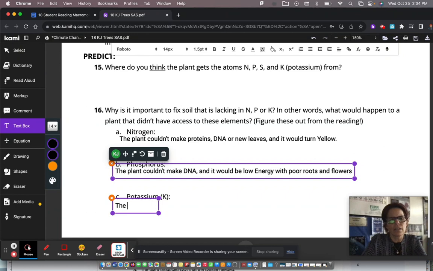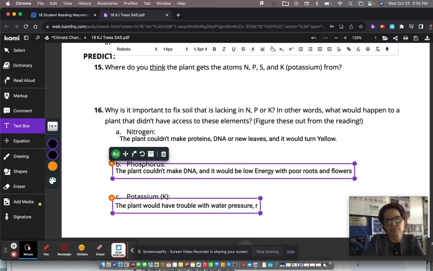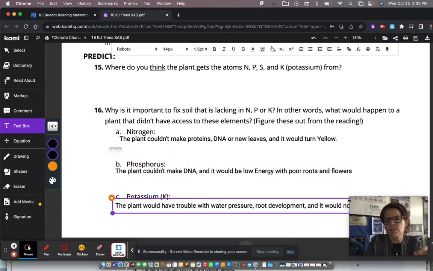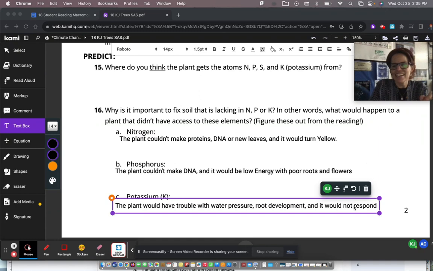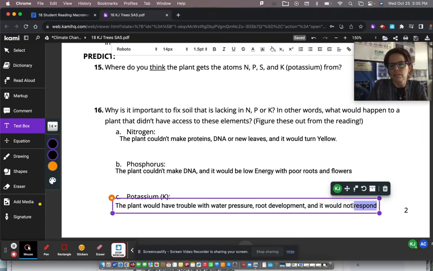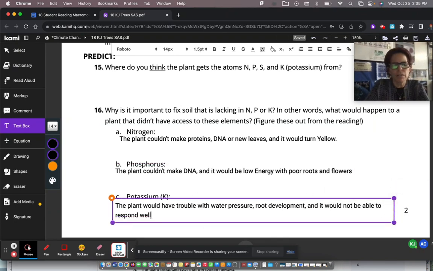So the plant would have trouble with water pressure, root development, and it would not be able to respond well to stress, like drought, extreme temps, or pests.